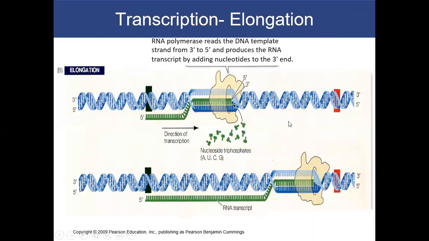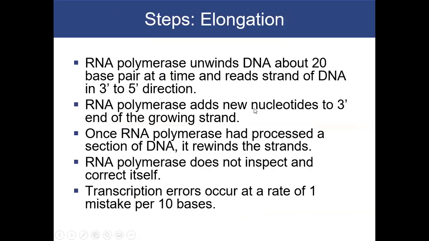So if I can show you this really quickly, you can see that this strand here is the template strand, and the polymerase attaches here and reads in a 3' to 5' direction. That is what that means, right?